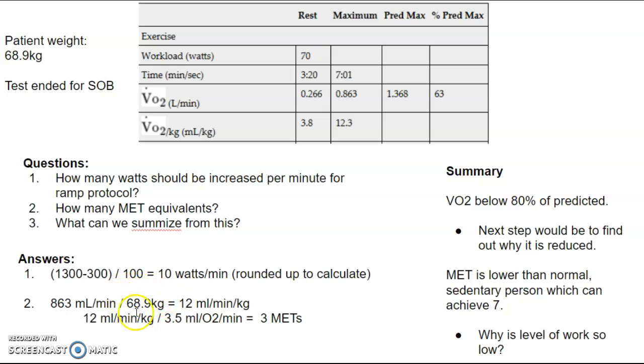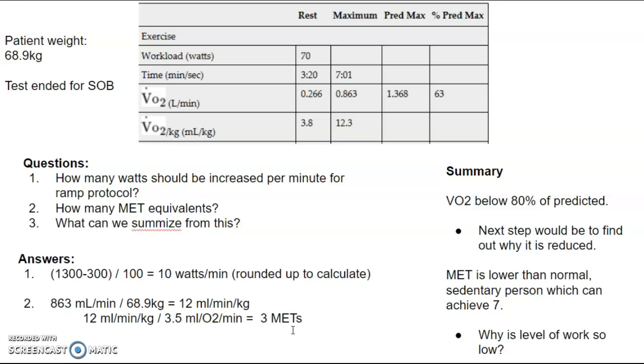In this case, it was 68.9 kilograms. And what we get for an answer is 12 milliliters per minute per kilogram. To find out how many METs that is, we're going to take our 12 milliliters per minute per kilogram, divide it by 3.5 milliliters of O2 per minute per kilogram, and that gives us about 3 METs.